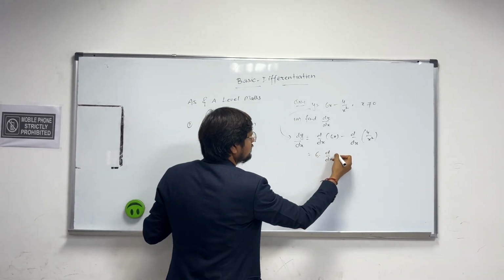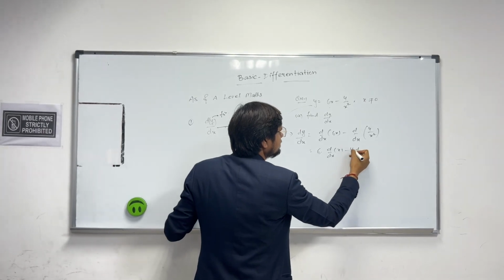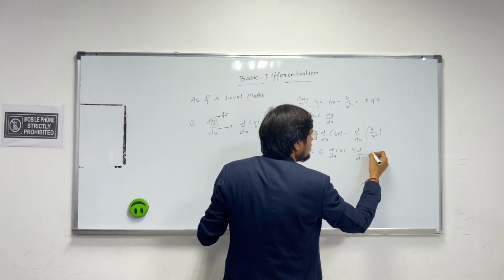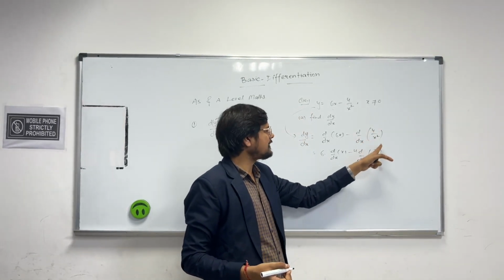So we differentiate only x, minus the differentiation of only 1 over x square, which you can write as x to the power minus 2, moving it to the numerator so the power becomes negative.